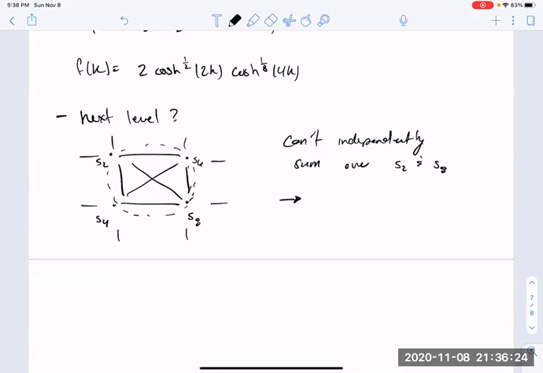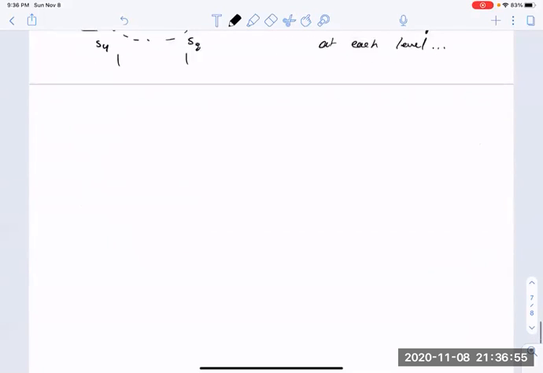So in fact, trying to recur this map generates new and new interactions at each level. It's a huge mess. So we can't actually do this in practice. So what can we do?